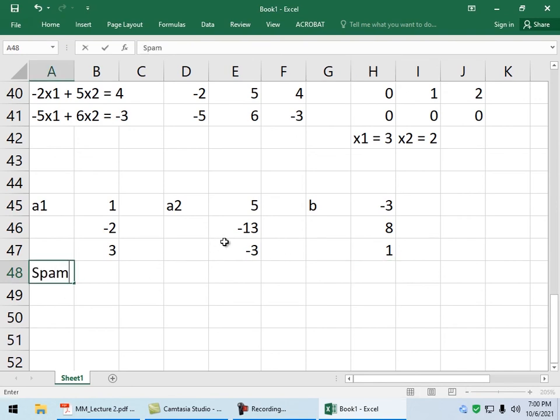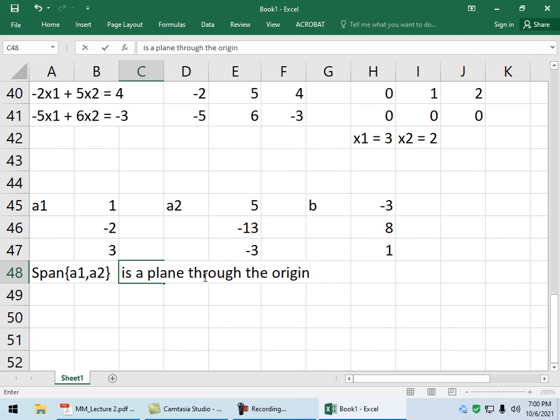The span of a1 and a2 is a plane through the origin of our 3 dimensions, because we have R3, it is a plane in our R3.